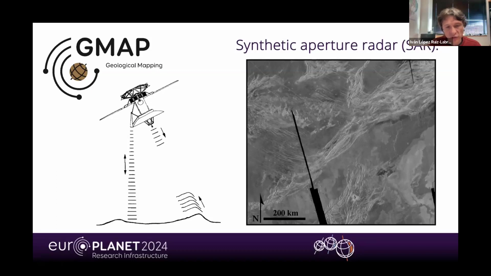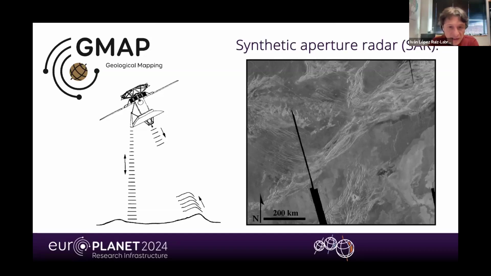The radar image is going to depend on many factors. For example, the electric constants of the terrain, which on Earth is very much influenced by water content. On Venus, we don't have that problem, but for you to know, we use radar images on Earth to measure soil moisture from orbit.